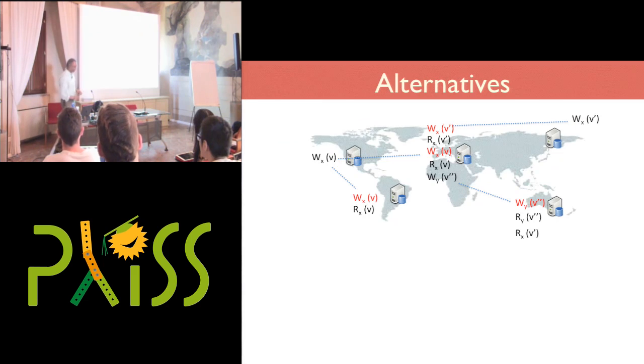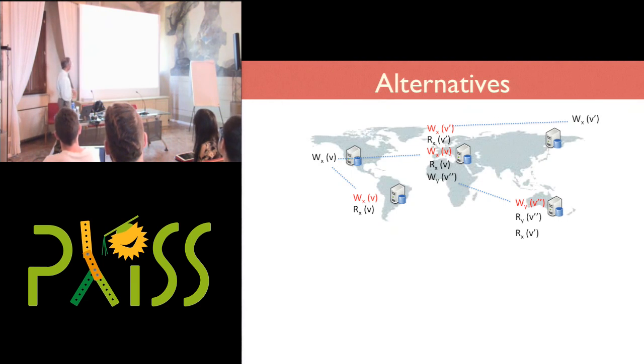So the question we might want to ask is, can I now read a value of v prime? We have all these reads taking place in these different nodes. Am I allowed to read v prime having read v double prime? In a sequentially consistent world, the answer is no. This would not be allowed.